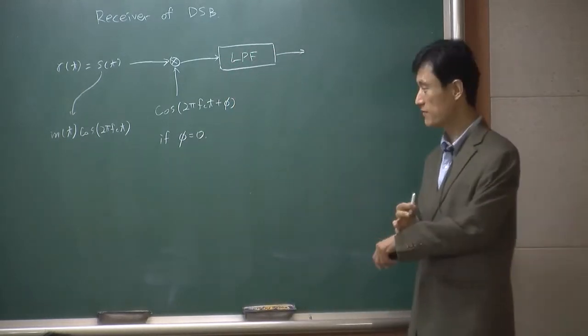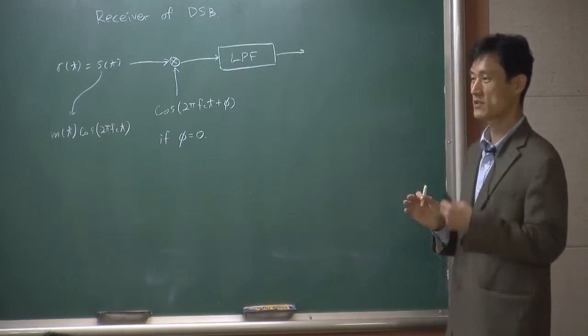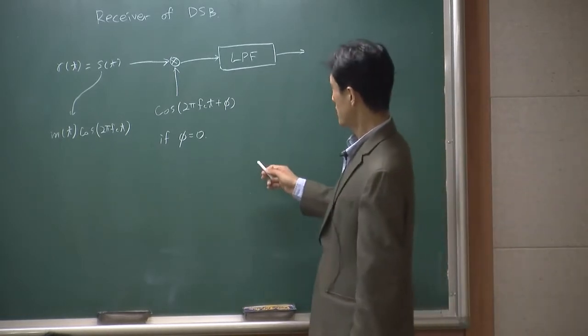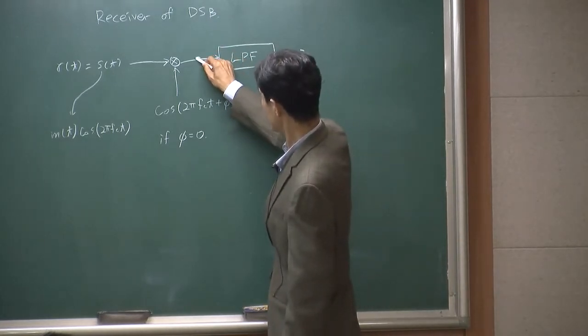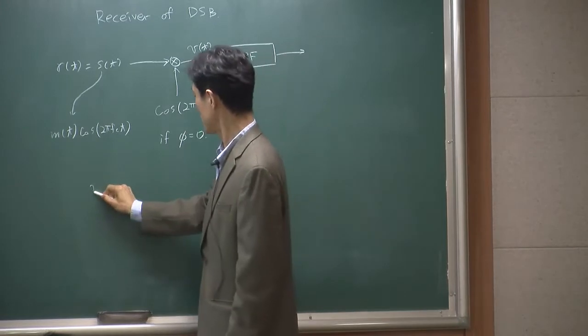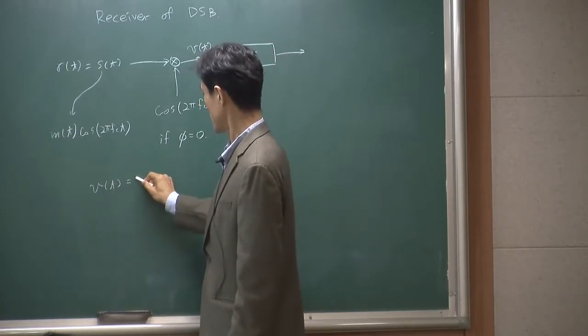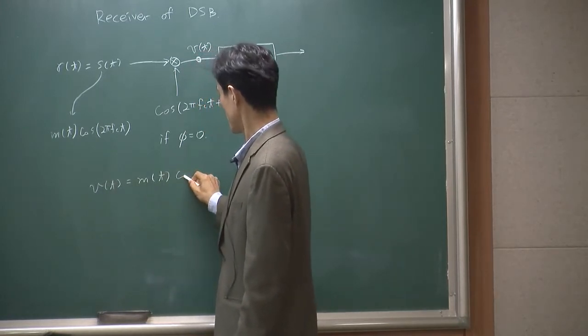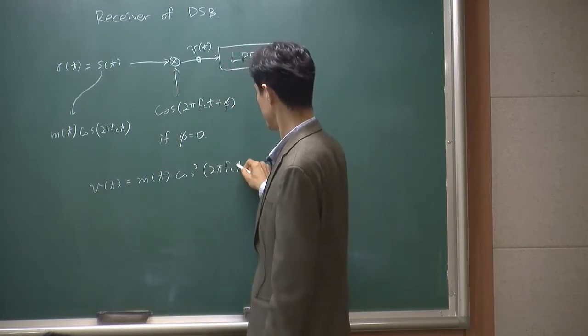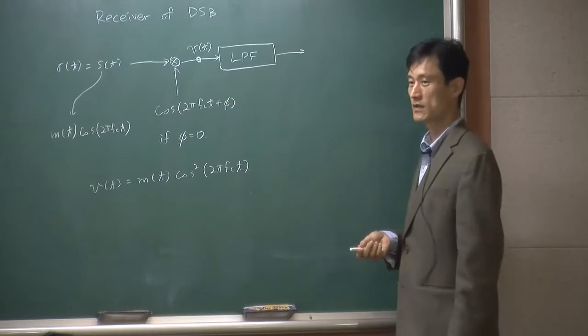Just assume that phi equals 0, so there's no phase mismatch. The phase is exactly aligned. In that case, right here, we call that v(t). And now we know that v(t) looks like m(t) times cosine squared 2 pi f_c t.